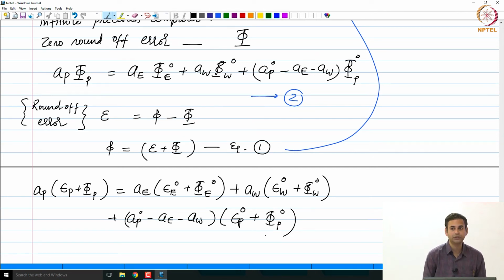We got another equation which is in terms of epsilon and capital phi, the round off error and the exact solution. Let us call this equation number 3.